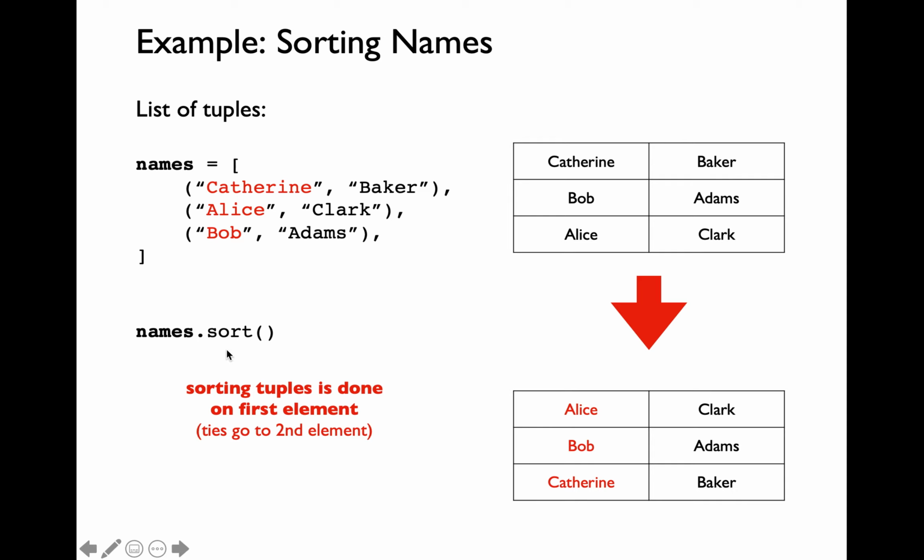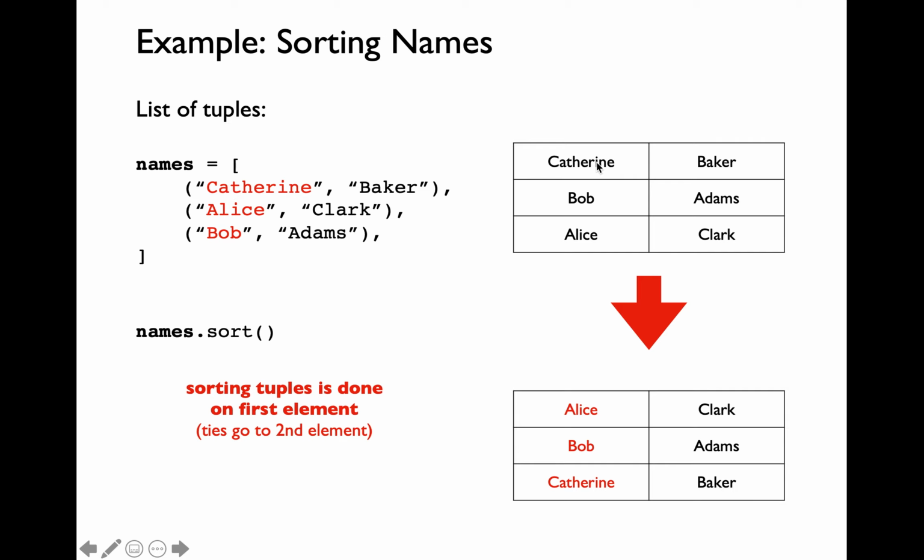what the sort function call does for a more complex structure like a list of tuples. So sorting always works on the very first element given a tuple. In this particular case, that's going to be the first name of the person.